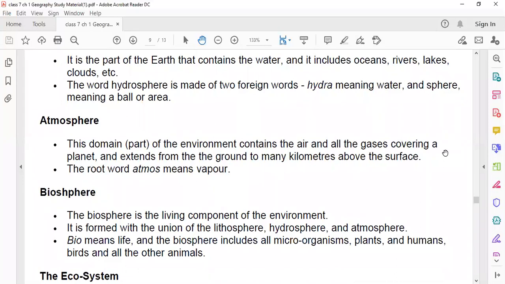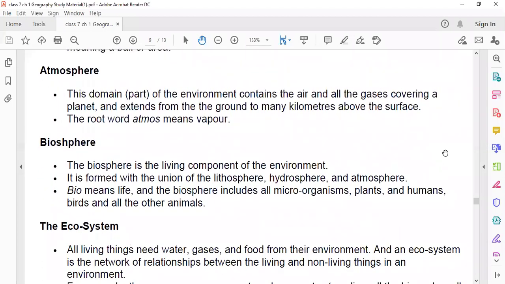This domain or part of the environment contains the air and all the necessary gases covering the planet and extends from the ground to many kilometers above the surface. ये हमारे ground से और काफी ऊपर तक, in fact 400 किलोमीटर्स और 500 किलोमीटर्स तक ये atmosphere extended है. The word atmos means vapor. Vapor means gas.